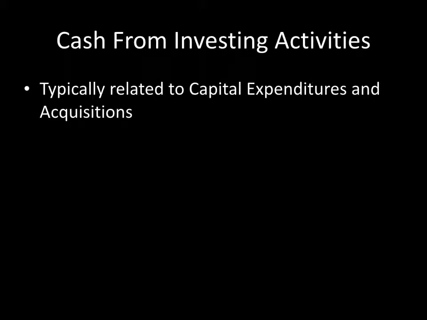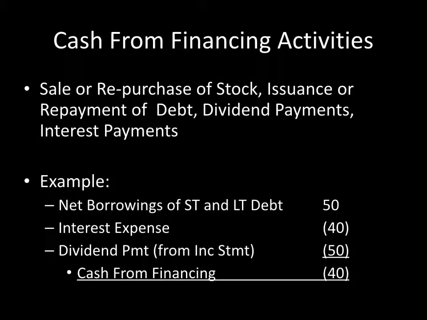Finally, the other area we get cash from or can spend it is what we call cash from financing activities, which can be in selling or rebuying our stock back, paying off debt, the dividend payments, and so on. In our company's example, you notice that we had net borrowings of short-term and long-term debt of $50,000.